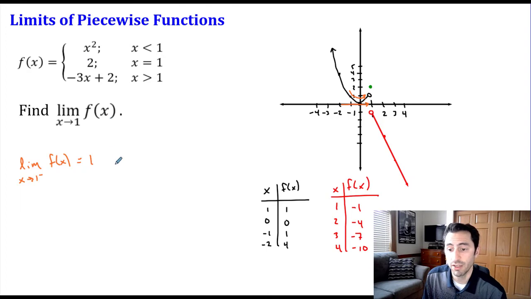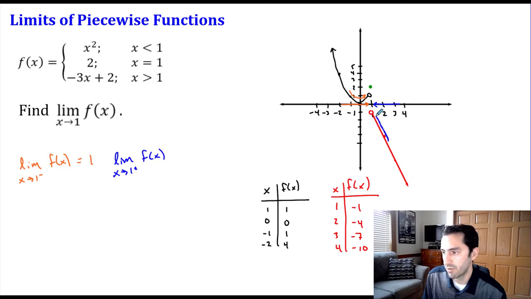And now let's take a look at our right-sided limit. So the limit as x approaches 1 from the right side of our function. So what we're doing here is our x values are moving closer and closer to 1 from the right, and we need to take a look at what's happening to our line.